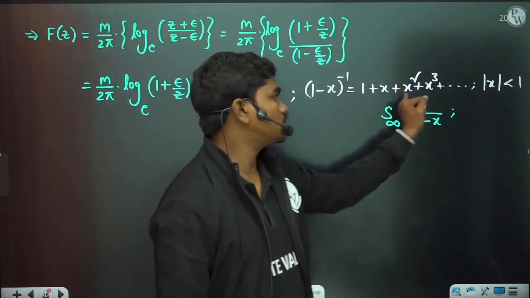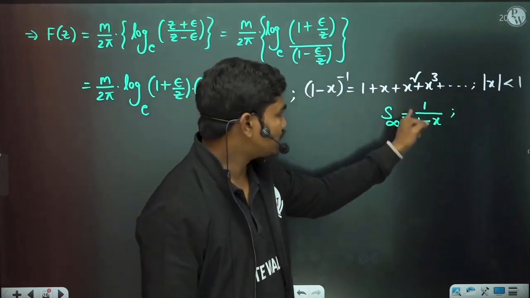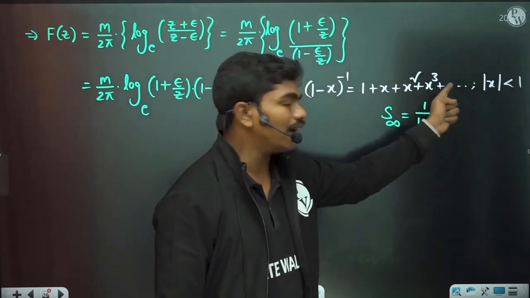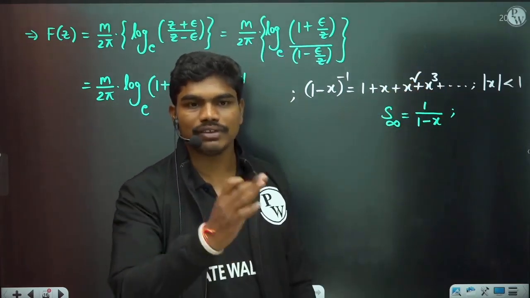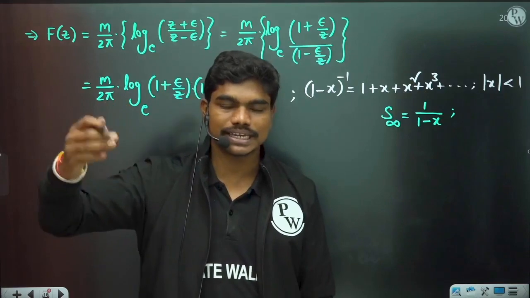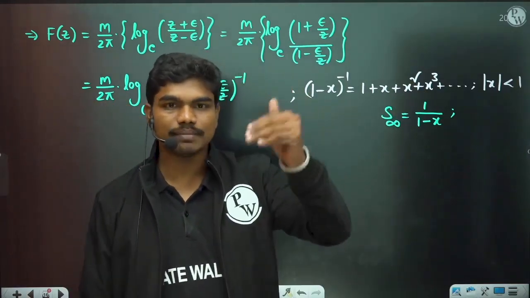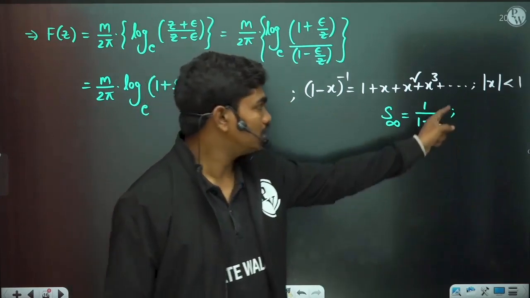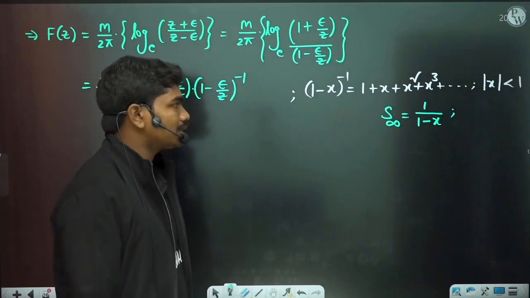Whenever you have a geometric progression like this, the sum can be written as the first term divided by 1 minus x. It means if you have a plus ar plus ar square plus ar cube and so on, then the total sum of the terms in the geometric progression is a by 1 minus r, provided the common ratio is less than 1. Correct? So that's how this can be used as a binomial expansion.